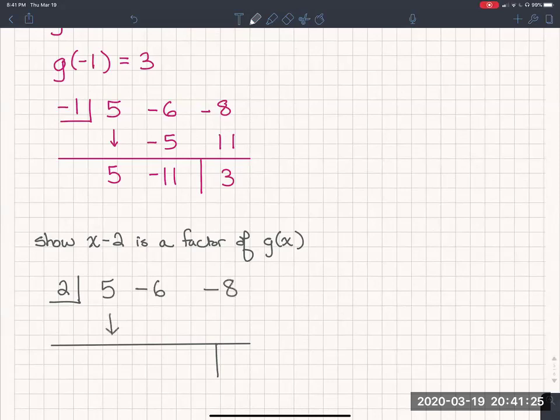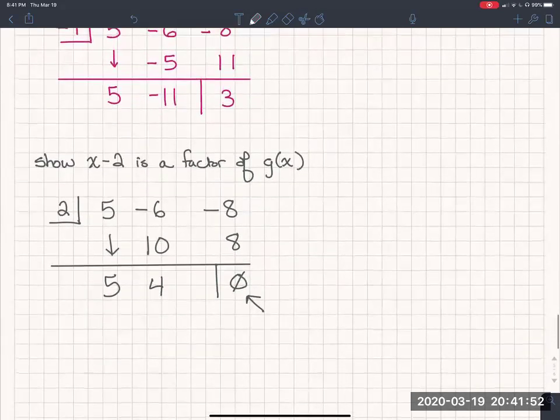So I do synthetic division. And I get a remainder of 0. That means that x minus 2 is a factor of g of x. Or another way of saying it, g of 2 is 0.